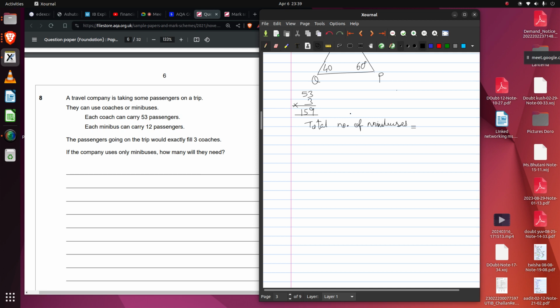So you'll have to divide what? Will you multiply, divide? What will you do? I was thinking if you do 159 divided by 12. Exactly. This is what you do. I was thinking, how will I do this?